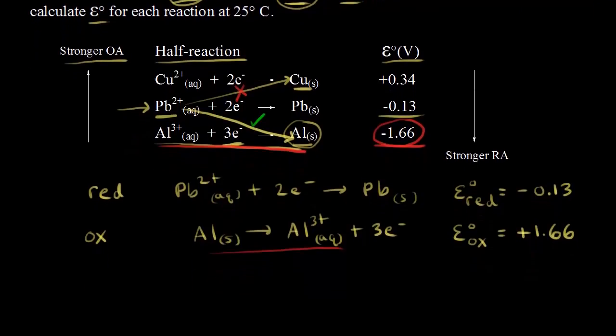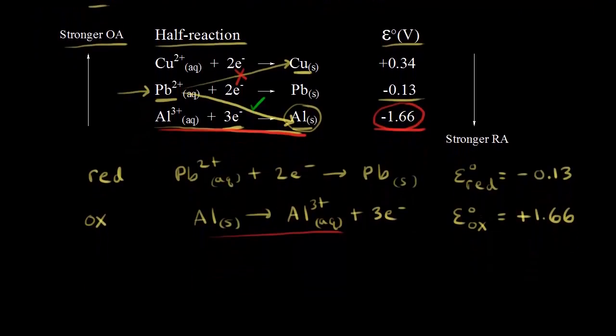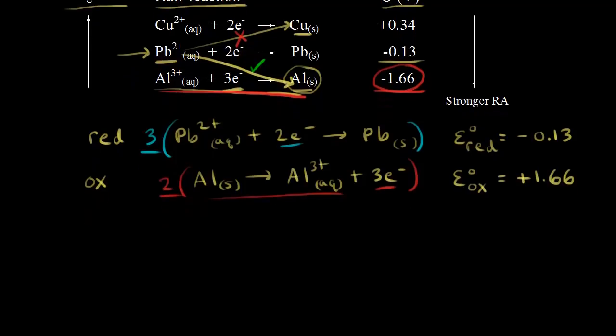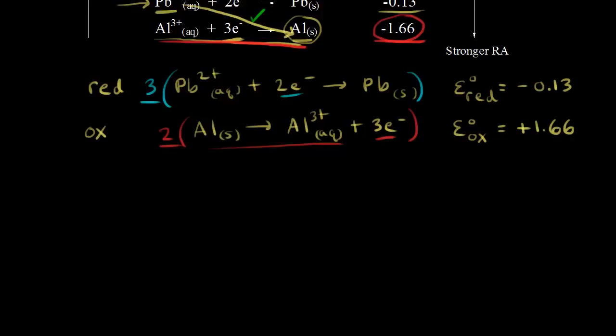If we wanted to write the overall reaction, we need to balance everything. So we need to get our number of electrons equal. So we could do that by multiplying our first half reaction by 3, because 3 times 2 gives us 6 electrons. The number of electrons needs to be the same, so we need to multiply our second half reaction by 2, because 2 times 3 also gives us 6 electrons. So let's do that calculation here.